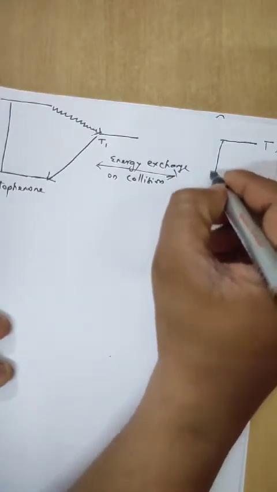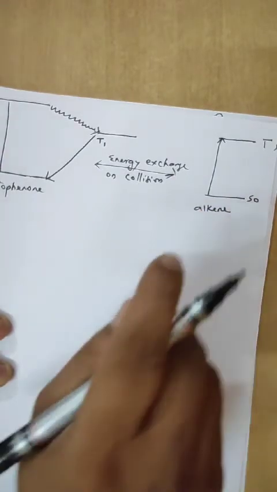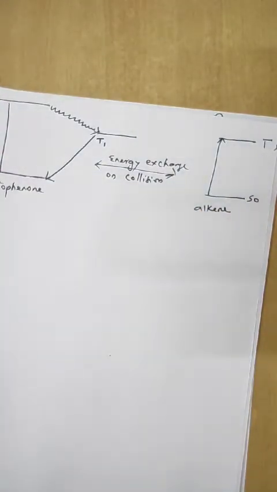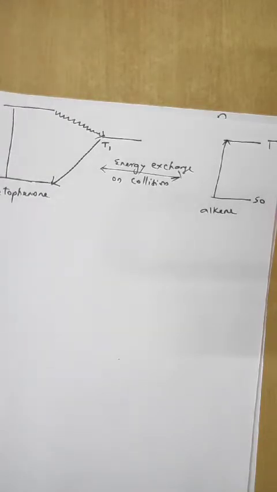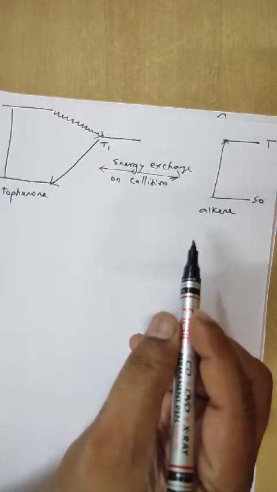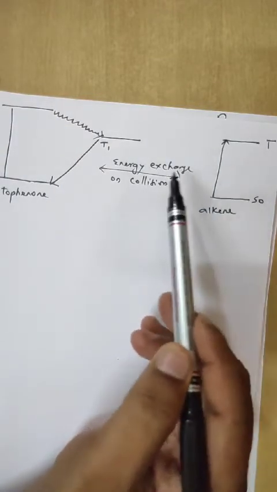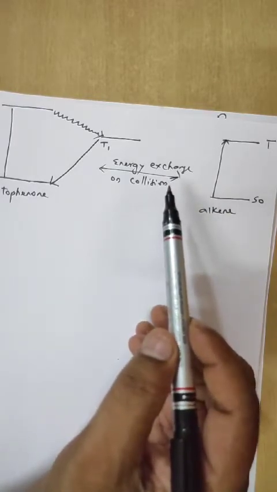This is alkene. So this cycloaddition is not concerted. The alkene molecule in the triplet state reacts with the second molecule of alkene in its ground state to form the ring in two stages after spin conversion. So this cycloaddition is not concerted.